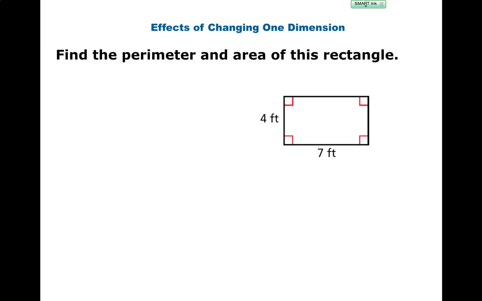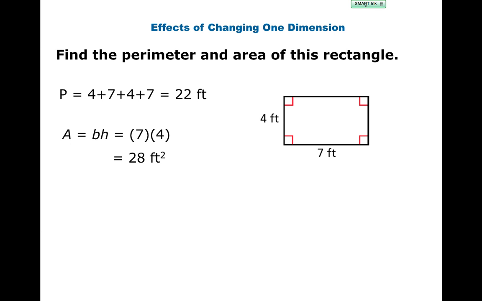Label what kind of units for each one. What's the perimeter? Abram? 22 feet. And the area was what? Brendan? 28 feet squared. Correct.